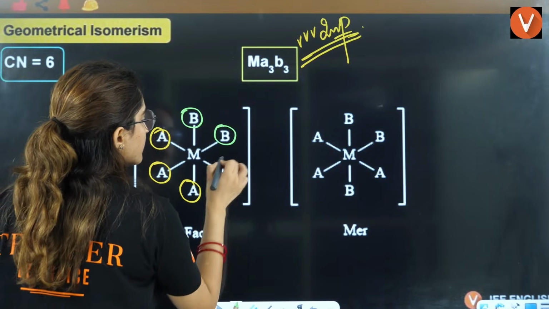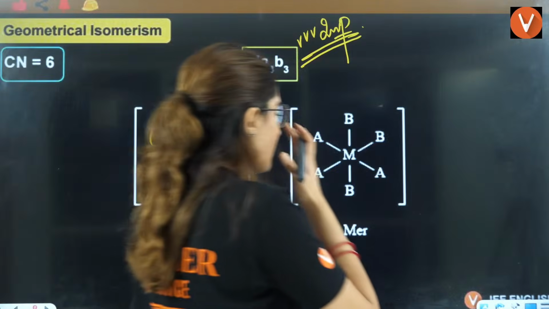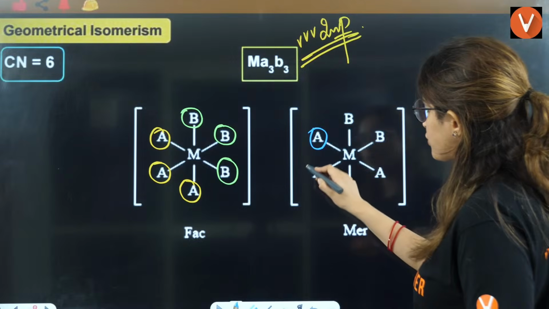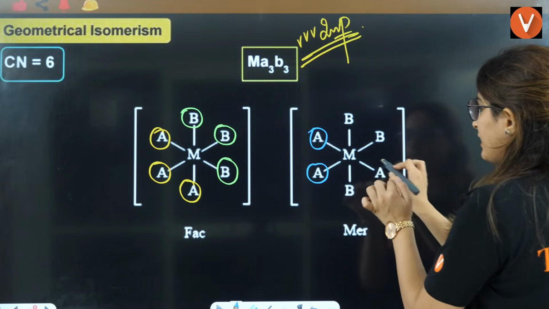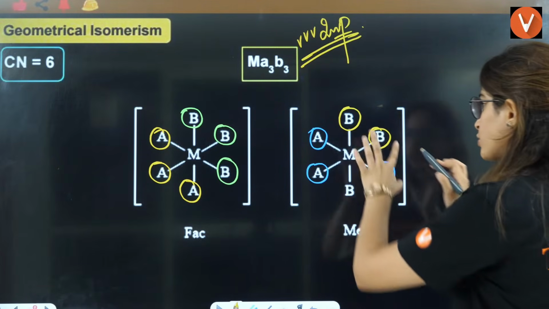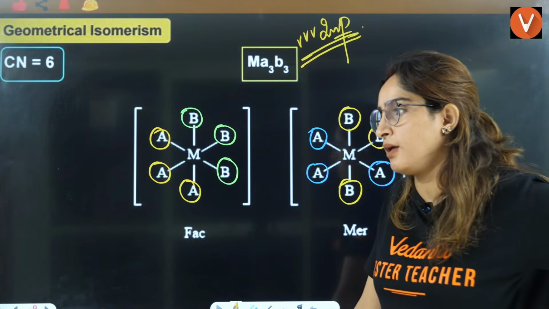These three are next to each other. That is called facial. In 2D, we will draw it like this. Here, you draw two next to each other, then leave one and then draw one. Similarly, draw two next to each other, leave one and then draw one. That is meridional.